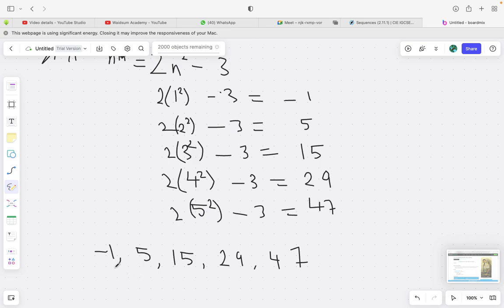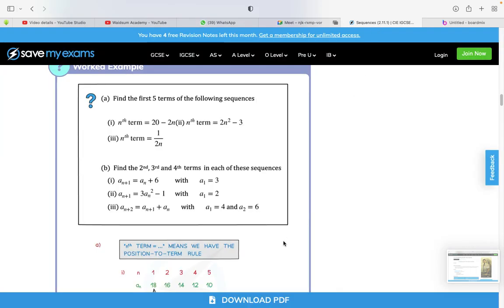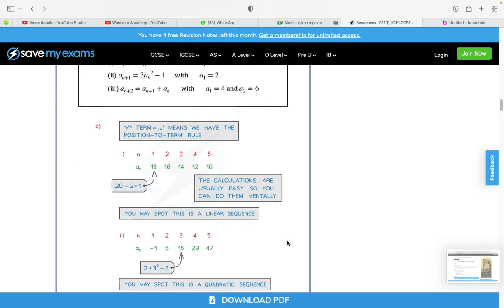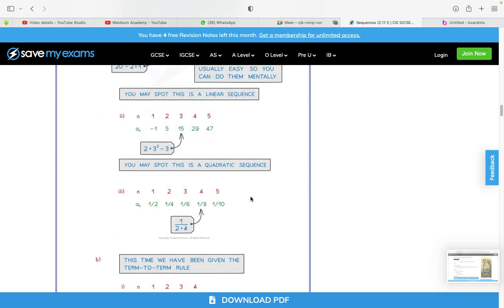They asked us to find the first 5 terms: 1, 2, 3, 4, 5. We've generated the first 5 terms of the sequence. Look at the numbers: negative 1, 5, 15, 29, 47. These are the first 5 terms of this sequence using the formula they've given us.